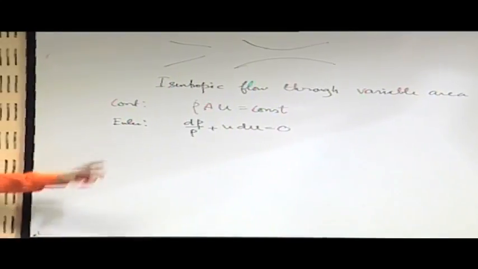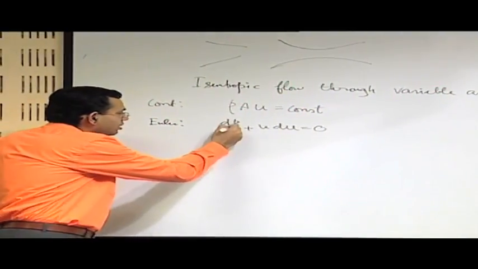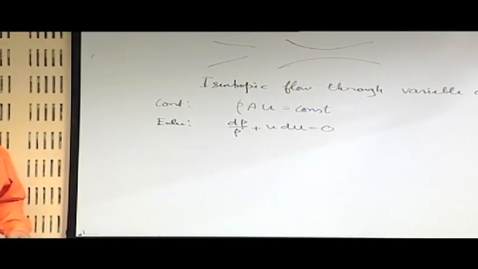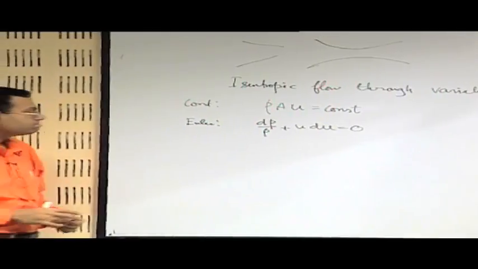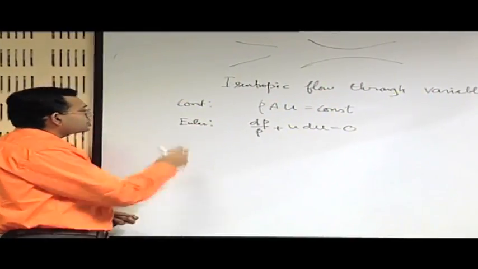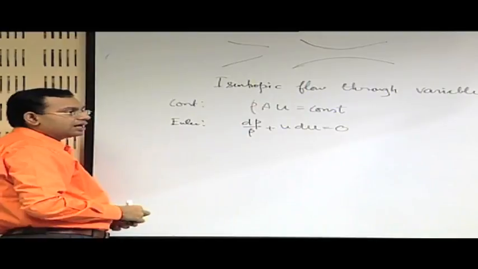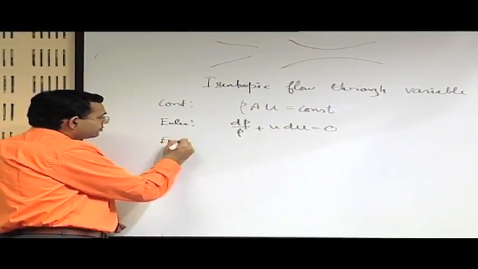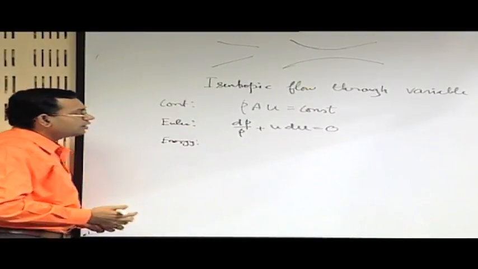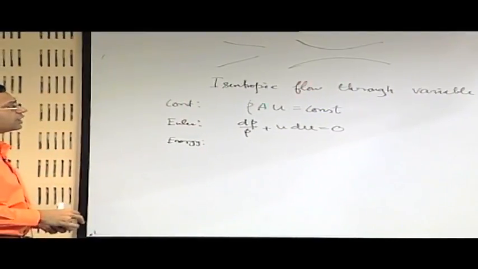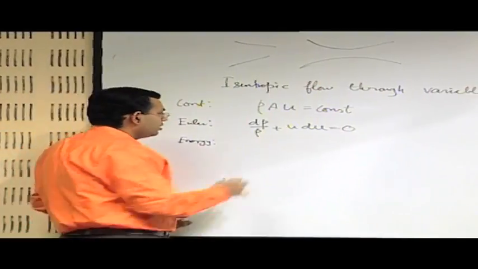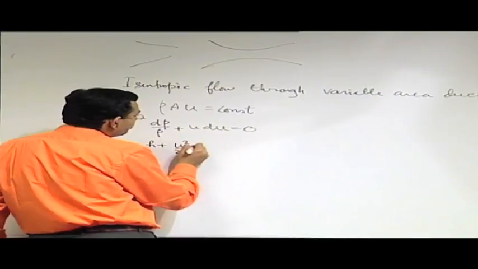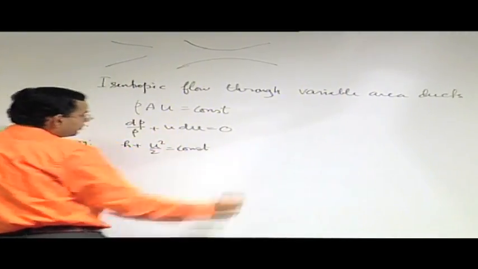Remember that in all cases of compressible flow that we are discussing, we are neglecting the changes in potential energy, the gravity effects are negligible as compared to the other effects. These are like the fluid flow equations, and the thermodynamic constraint is the energy equation: H plus u square by 2 equal to constant.